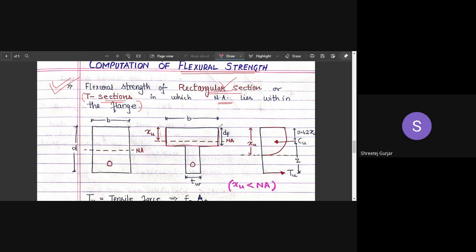So the entire load will be held by this particular rectangular section, and this web will not be acting. It will not help in anything.